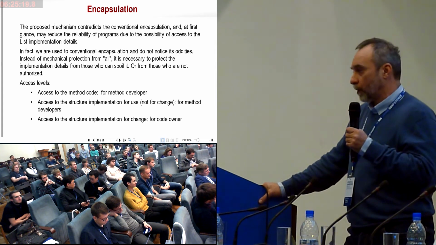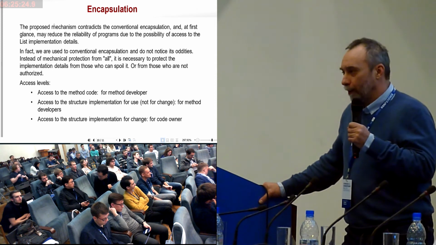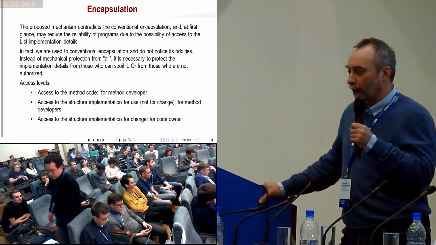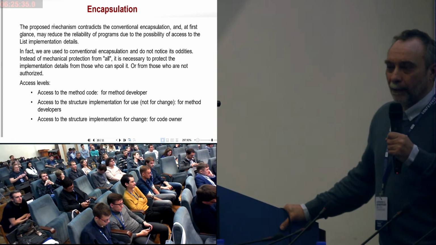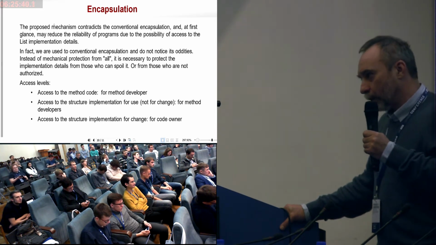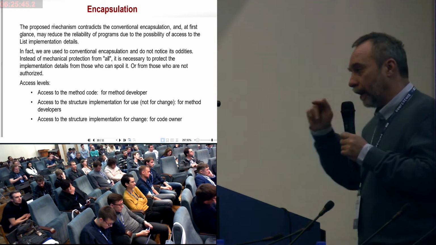Actually, this is administrative encapsulation that is used everywhere, because some can commit directly into the master, some need reviews, some like reviews. We anyway have it. We anyway have the protection against a person not competent enough and not having rights to change our source code.